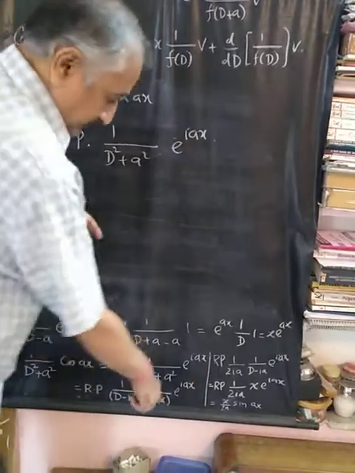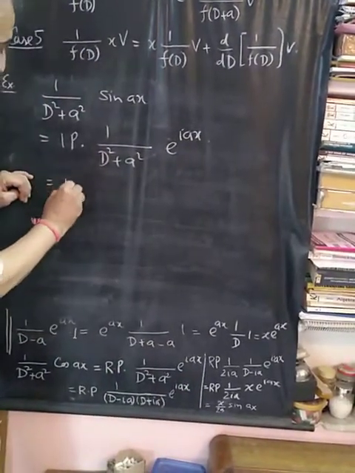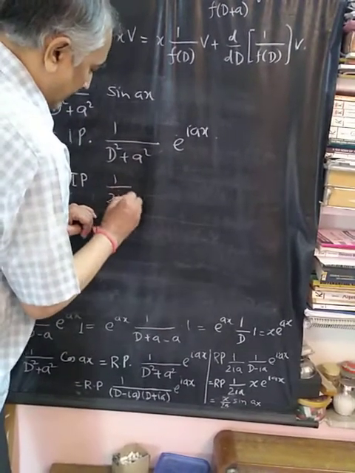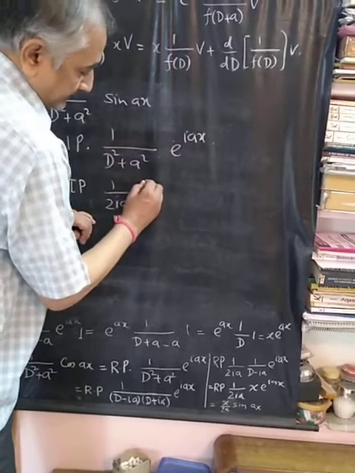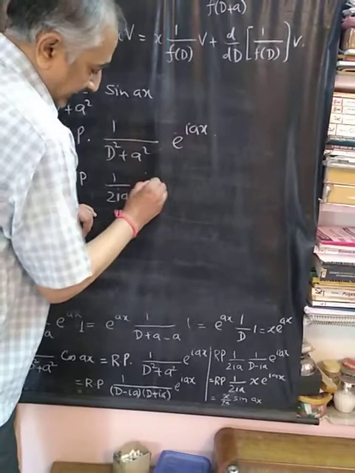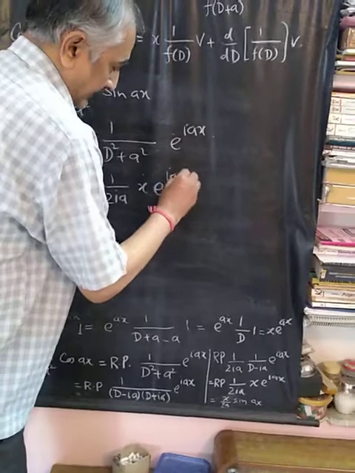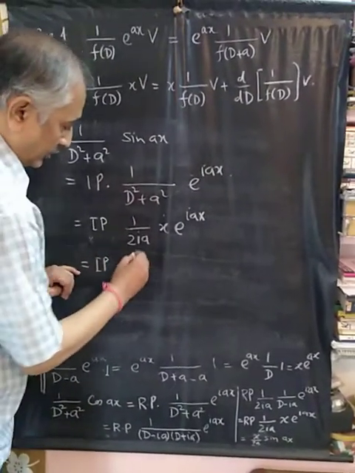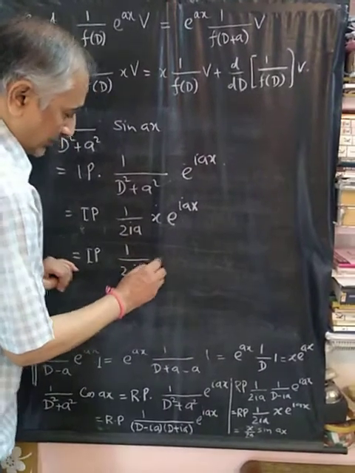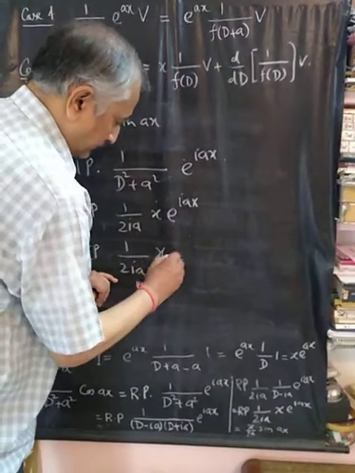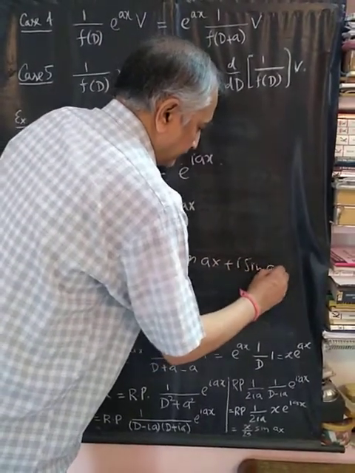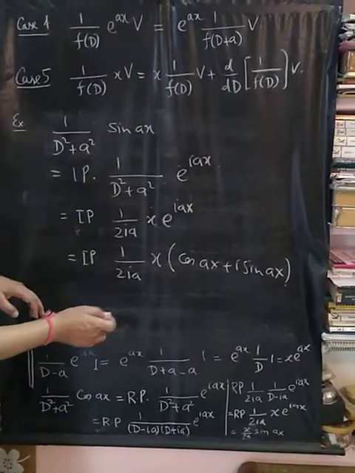And doing exactly the same process, you will end up at the imaginary part of 1 upon 2 iota a times x exponential iota ax. Now this is the imaginary part of 1 upon 2 iota a times x into cos ax plus iota sin ax. So what's the imaginary part?